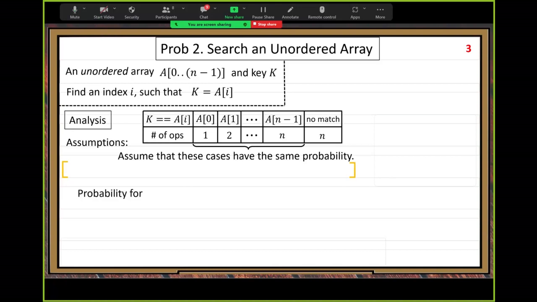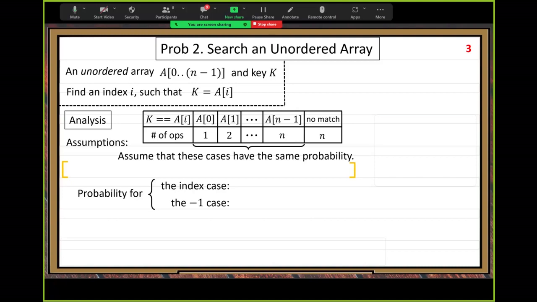But that's for the first n cases. For the last case, the no match case, what's the probability? We need some assumption for the last case. So let's consider the index case.